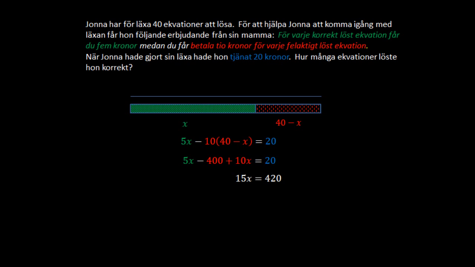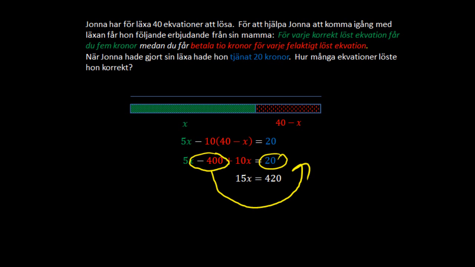All right, so let's clean things up. What we're doing now is, you see we have x terms. They're both positive. That's where the 15x comes from. And then you see that we have a negative 400 on the left side. We haven't done anything with the 20, but this negative 400 is going to go over the sign and go to this side, and then of course you change the sign of the negative 400 to positive 400.